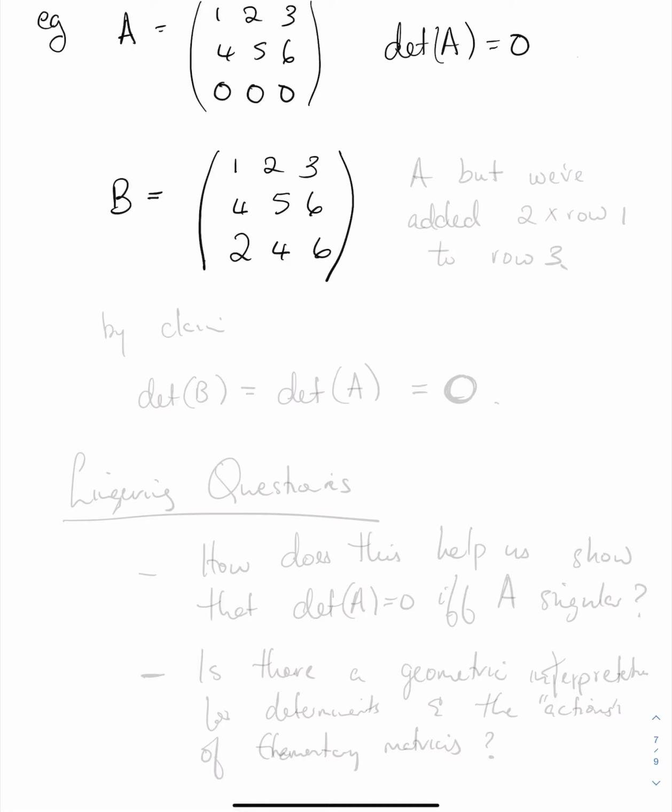This is A, but we've added 2 times row 1 to row 3. By the claim, this means that the determinant of B is equal to the determinant of A, which is 0.